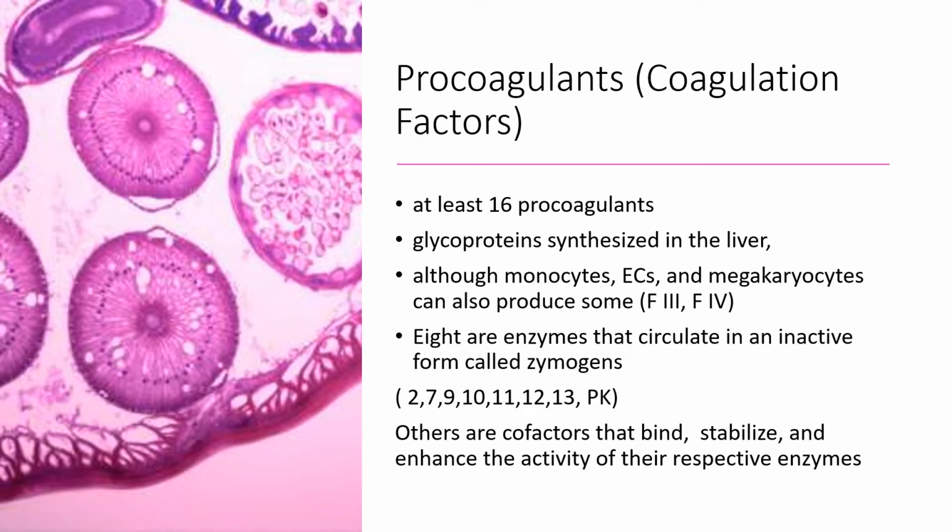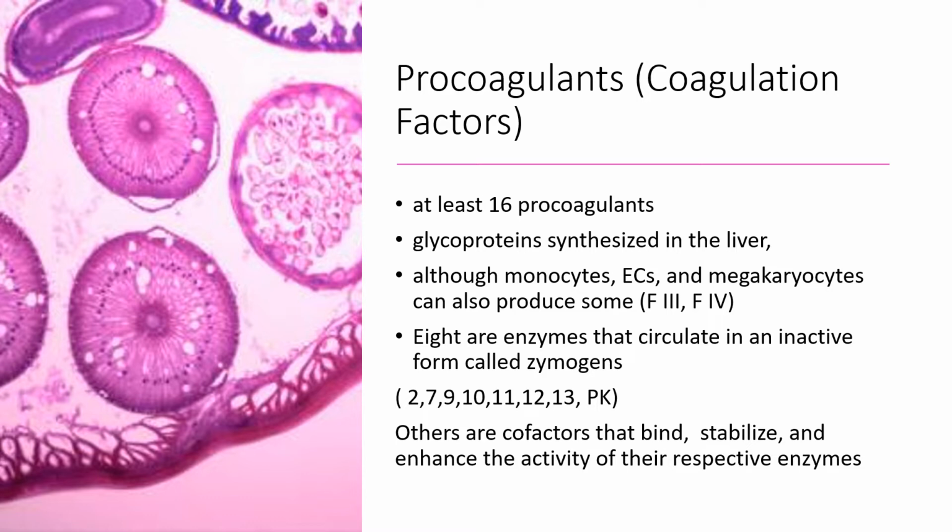The components of the coagulation system are primarily called procoagulants or coagulation factors, and there are about 16 procoagulants. They are mainly glycoproteins produced by the liver, or they can also be produced by other cells like monocytes, endothelial cells, and megakaryocytes.